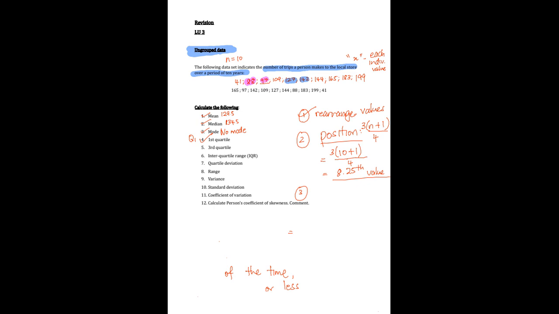Now let's calculate it. To calculate Q3, you are going to do it in exactly the same way that I showed you just now. Separate the first number, which is 8, from the second part of it. The 8 says go to the 8th number in your data set, which is 165.